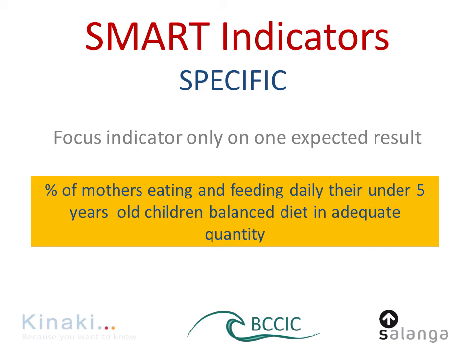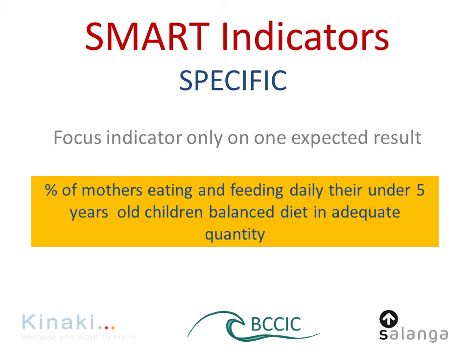So if the result is not what we expected, we don't know if it was because of the balanced diet or because of the lack of quantity. So we are not sure. We need to dig deeper into the questions and results for each question.